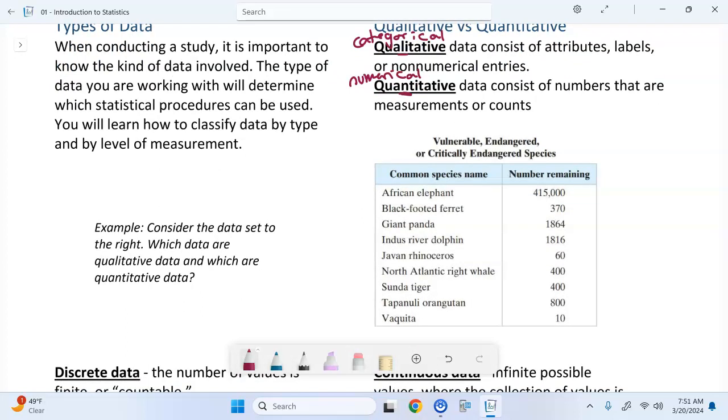So we can look at data sets, and data sets can have a mix of quantitative and qualitative data in them. So when we're looking at the vulnerable, endangered, and critically endangered species chart, what data is qualitative and which data is quantitative?